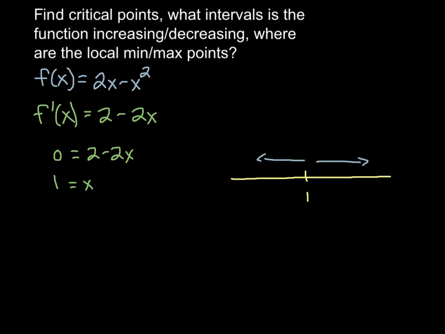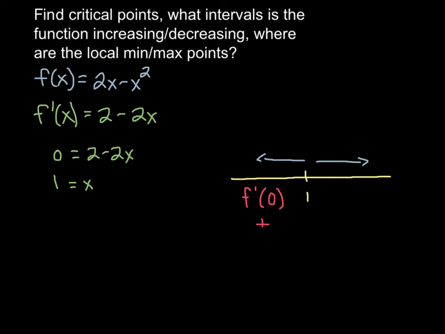So pick a number on this side and plug it into our f prime of x. If it's positive, that means it's increasing. If it's negative, that means it's decreasing, obviously. So let's pick a number. I'm just going to pick 0, because that's the easiest one to the left of 1. f prime of 0 is a positive number.